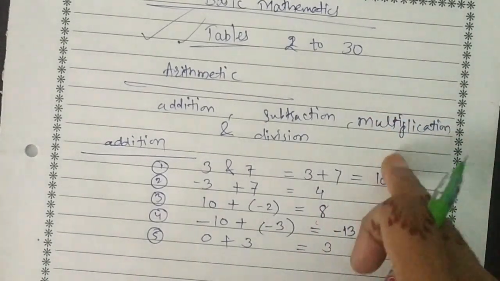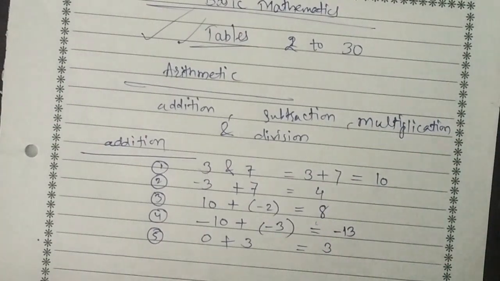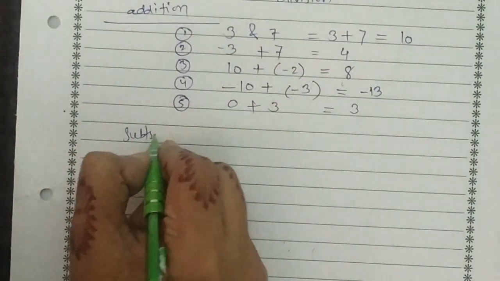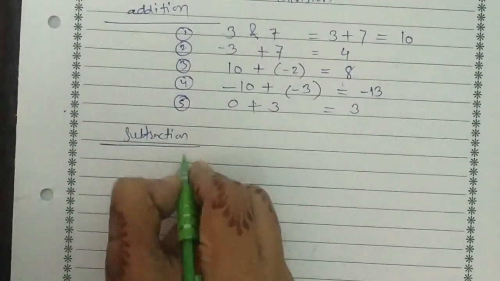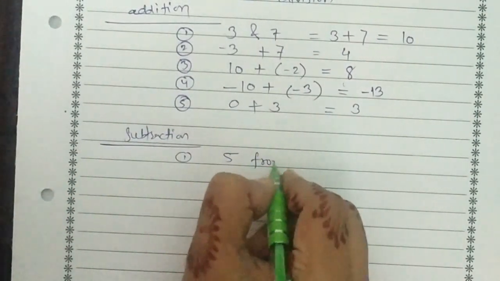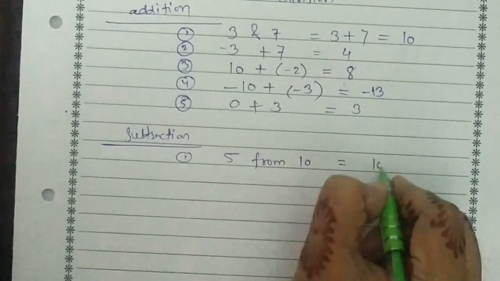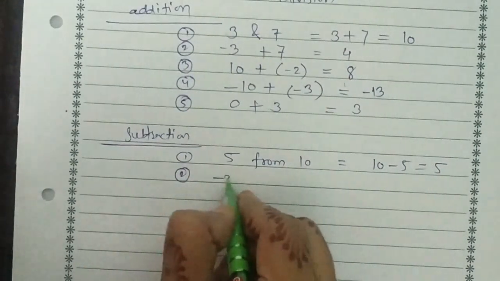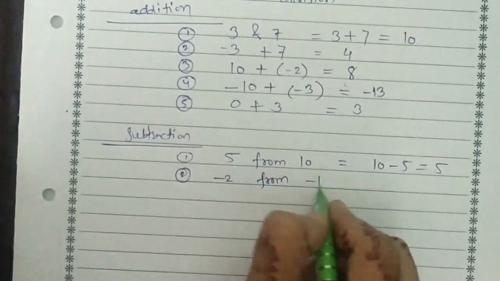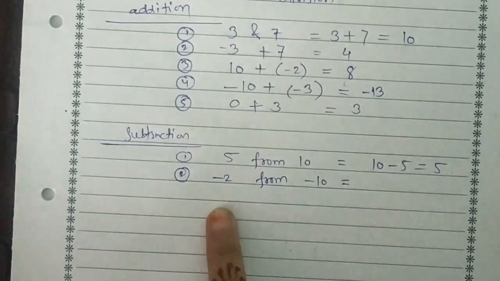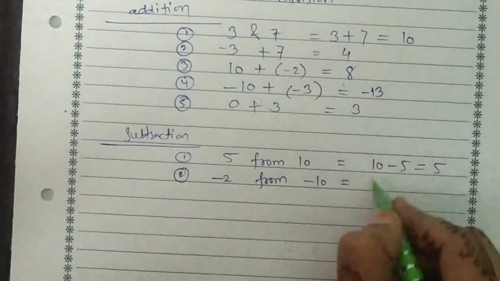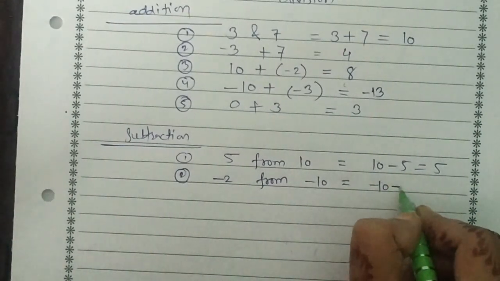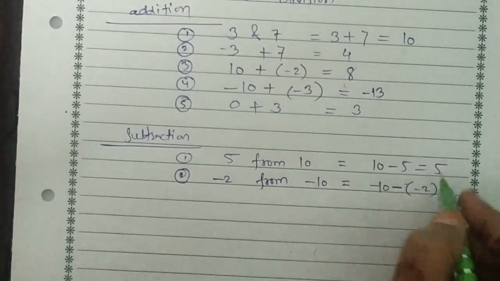If you understand the rules for addition, it will be easy for you. Then the same will be followed for subtraction. If you subtract 5 from 10, simply write 10 minus 5, you get 5. If you subtract minus 2 from minus 10, you write minus 10, then the subtraction sign, then minus 2.